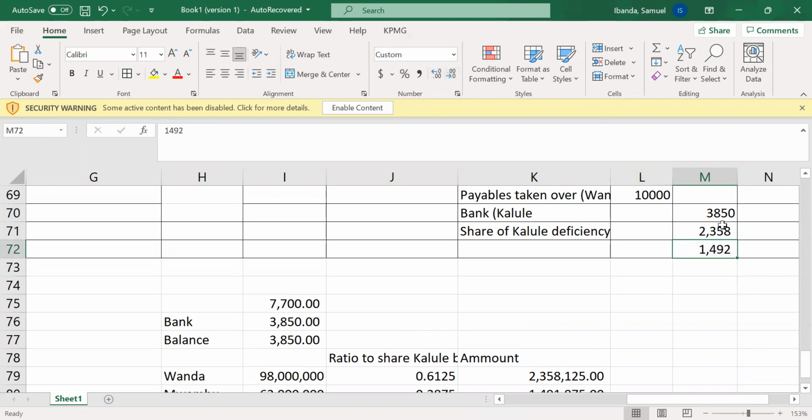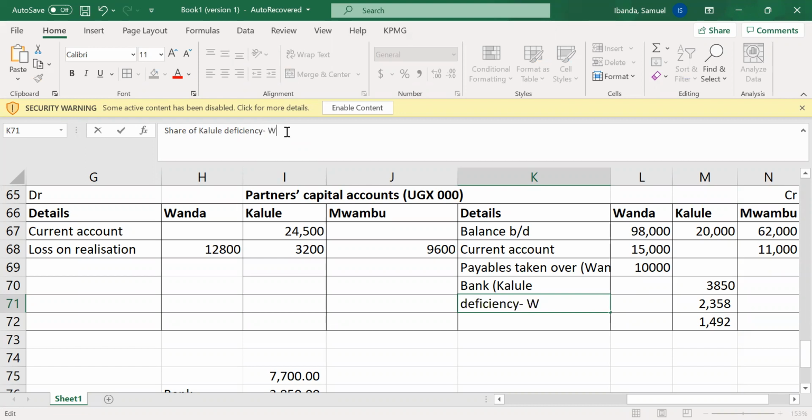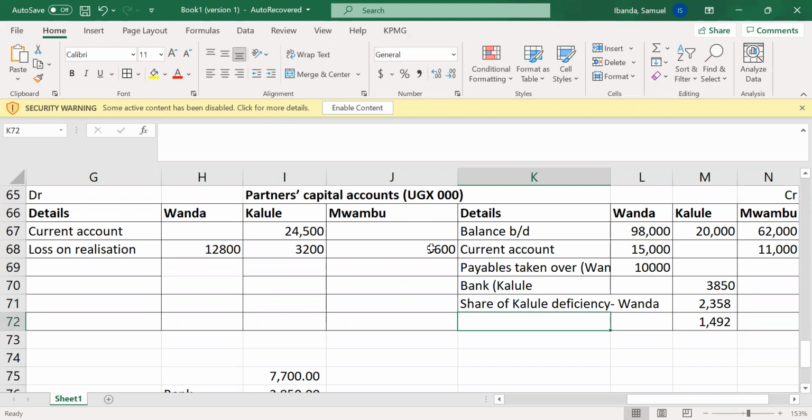So if this is what you have, in the column of Karule, we shall have these two values, one of it for Wanda, and the one at the bottom for share of deficiency for Mwambo.